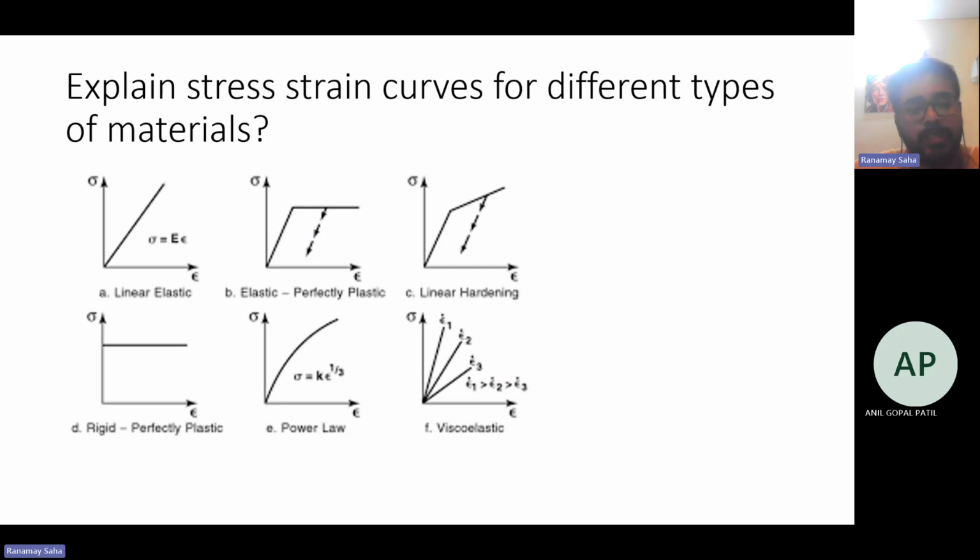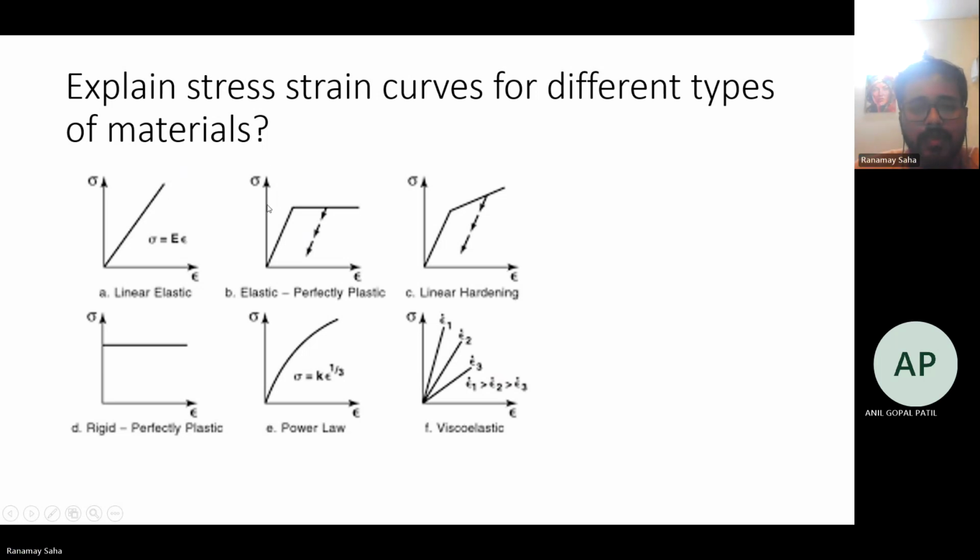Beyond that comes the elastic limit, after which elasticity is maintained but proportionality is not maintained. The material is elastic but doesn't obey Hooke's law. That is called the elastic limit, which comes beyond the proportionality limit.